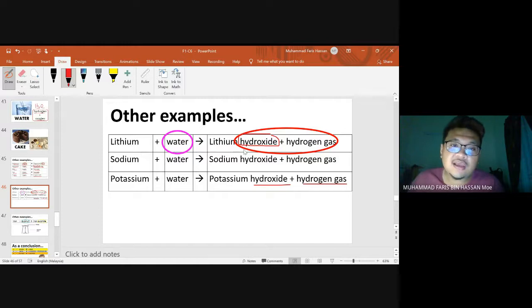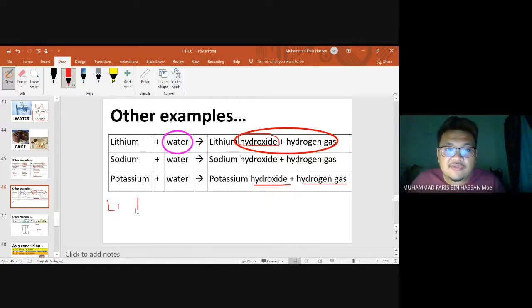So actually, if we want to get the answer for this one, you have to refer to the chemical equation. I just forgot the word, not formula actually, persamaan kimia. So let's say lithium, we know the chemical formula for lithium is Li.